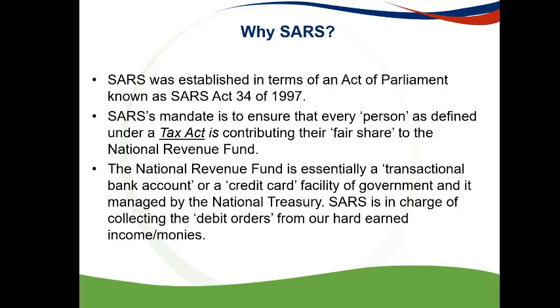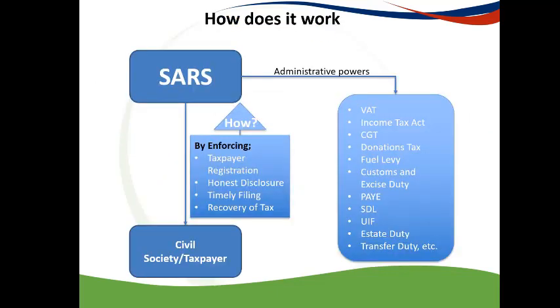I'm sure you have heard a little bit about government bonds, and also other sources of funding from the likes of the IMF, the World Bank, the Development Bank of Southern Africa, and other commercial banks. To put it simply, the National Revenue Fund is equivalent to a bank account or a credit card facility of government. How does it all work out?